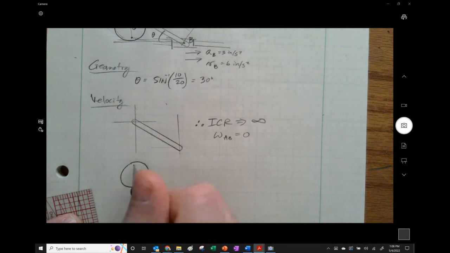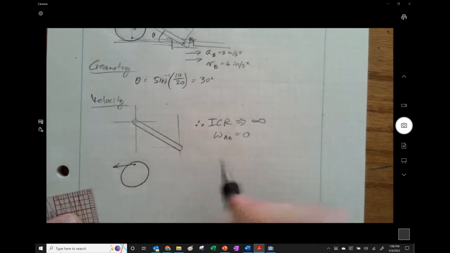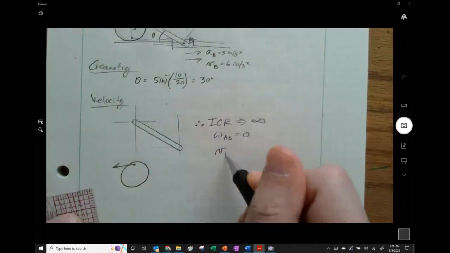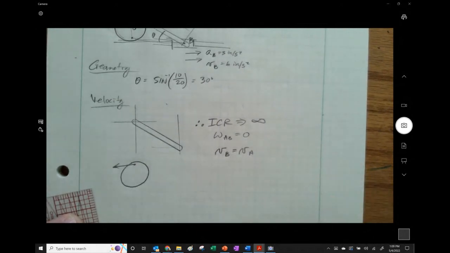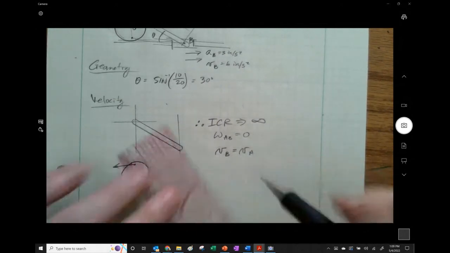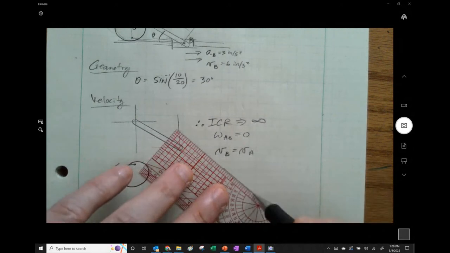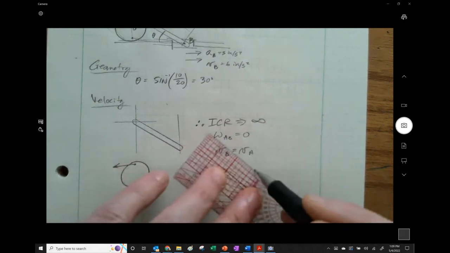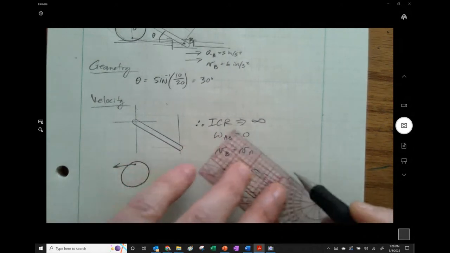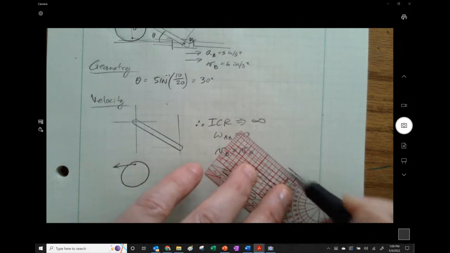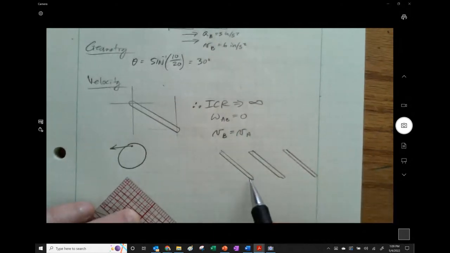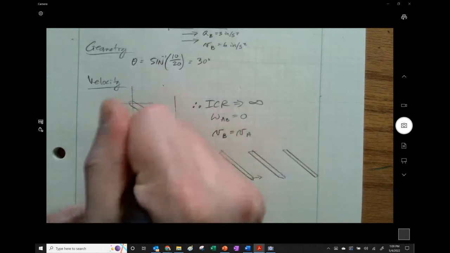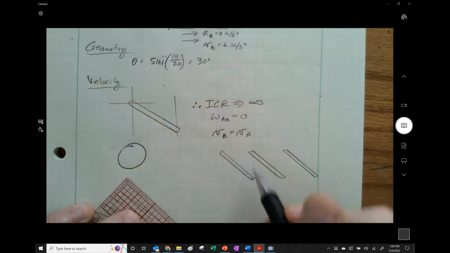But continuing with our velocity analysis, that means velocity of B equals the velocity of A, right? And you could prove that by doing a 3 diagram method if you wanted to. I'm making the thing look too much like 45, which isn't very good. But if you do a 3 diagram method of this thing, I drew the velocity the wrong way, didn't I? Yeah.